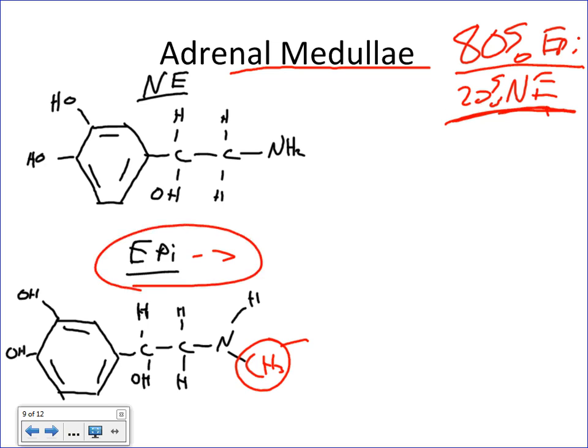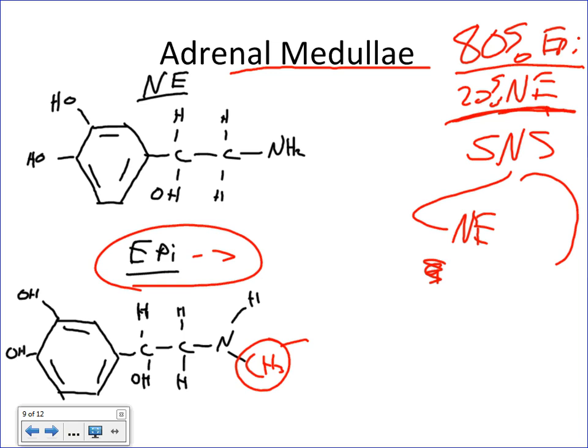Now why is it important to have this system? Because we've been talking about these sympathetic neurons that branch out to practically all tissues of the body. But not all cells come in contact with the neurotransmitter norepinephrine.